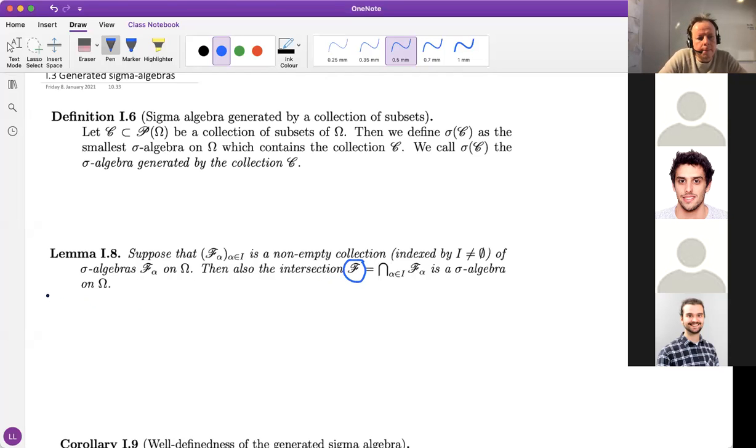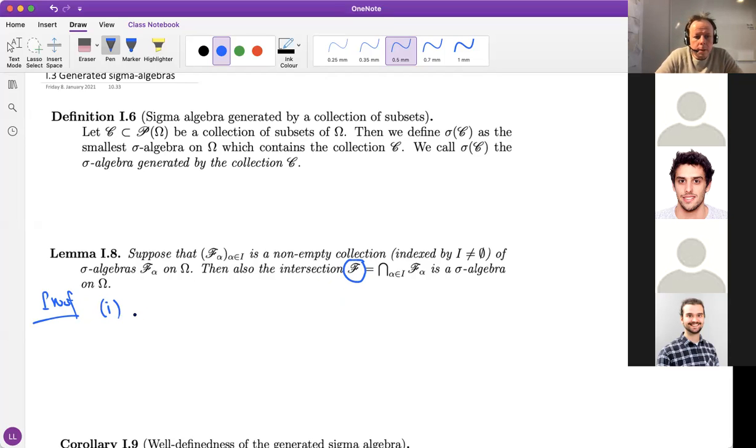Let's see if I can fit the proof here. Let's prove this lemma. We claim that F here is a sigma-algebra. How to do it? Well, we need to check the three axioms. First, does omega belong to F? Is the full set a member of F?